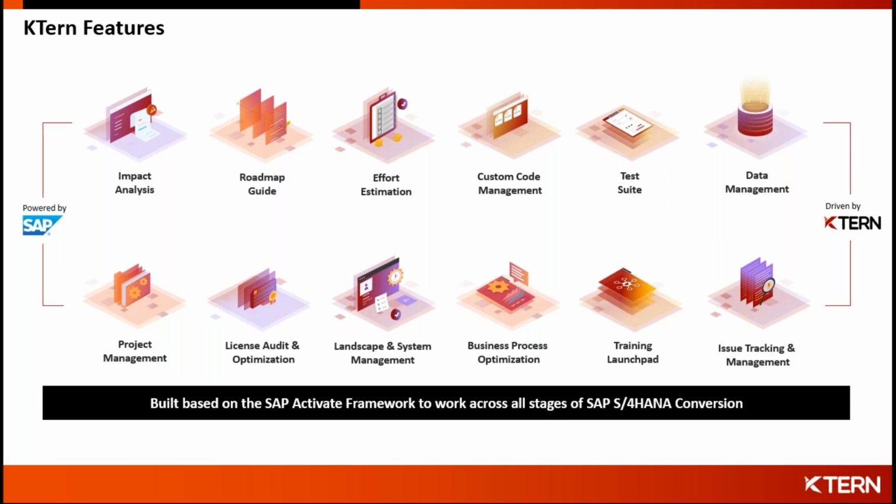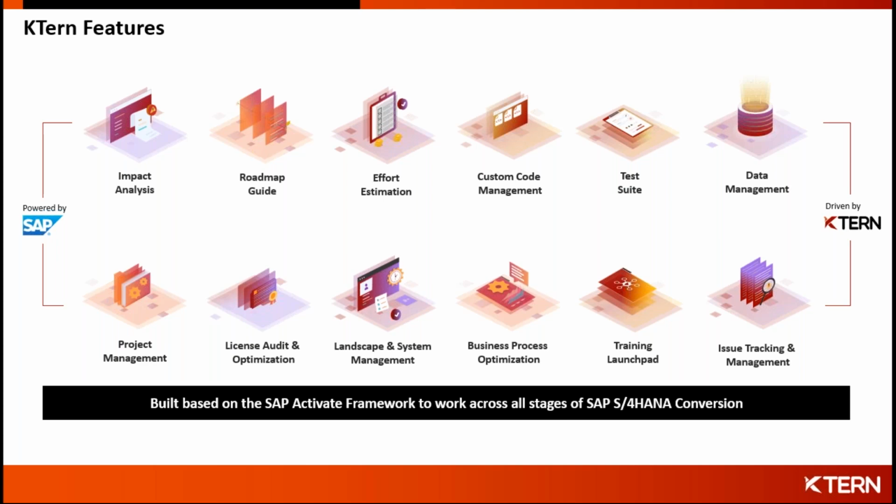And we have the landscape and system management. I'm talking about this automation factor. This comes in through this landscape and system management, where KTern will be able to connect to your system and execute things automatically, provide you with feedback, analysis, and advisory as well. And when we talk of S/4HANA, it is obvious I must talk about the business process optimizations.